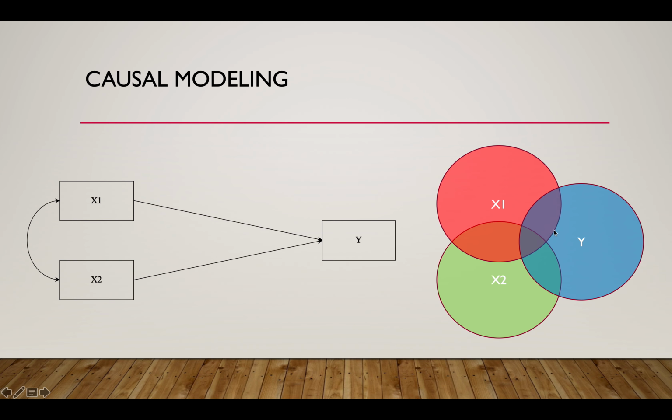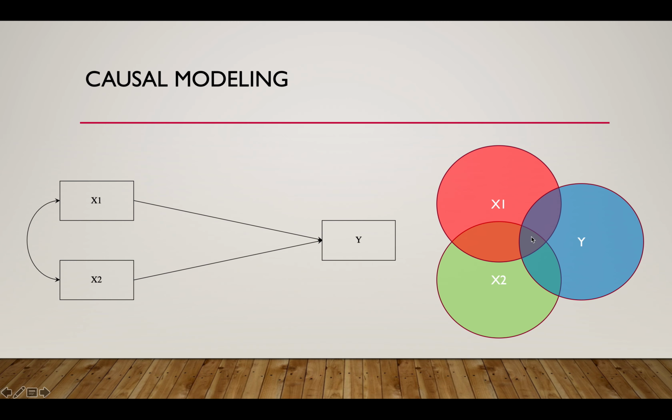And then we have the variance right here that is purely attributable to x1. The variance right here in y that is purely attributable to its association with x2, and this variance, which is purely attributable to x1 and x2 interacting to predict variance in y.